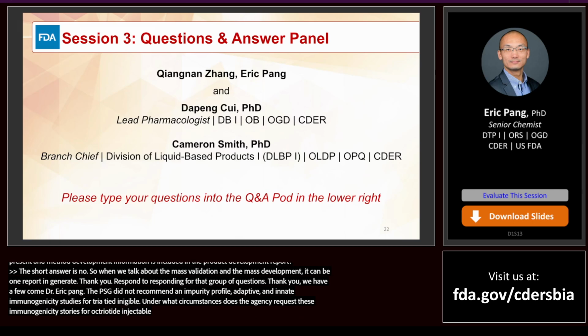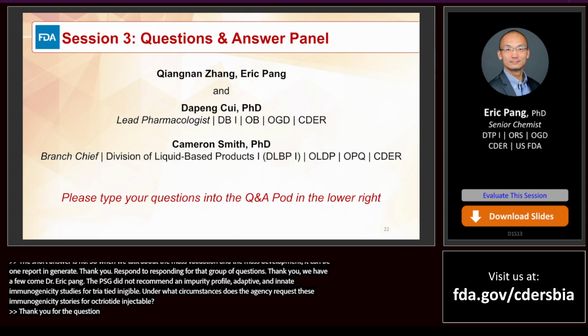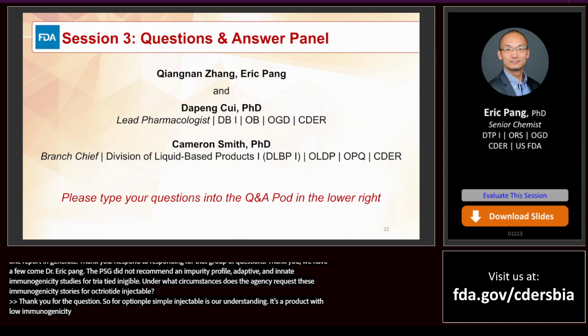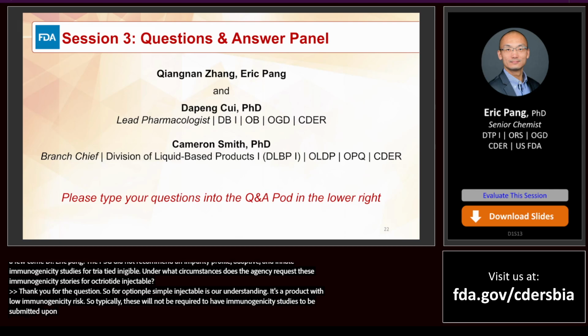Thank you for the question. So for octreotide injectable, a simple injectable, it is our understanding that it is a solution, a product with low immunogenicity risk. So typically these will not be required to have immunogenicity studies submitted upon review, unless there are some impurities.